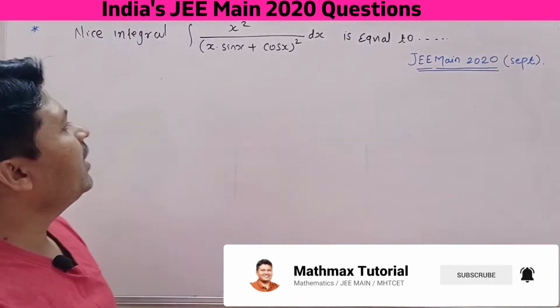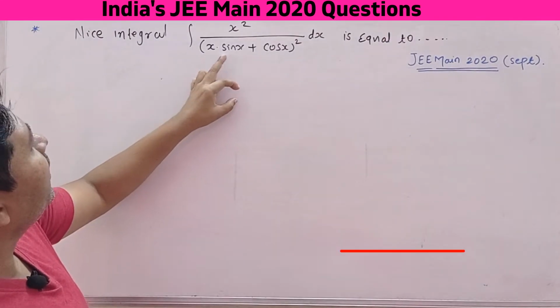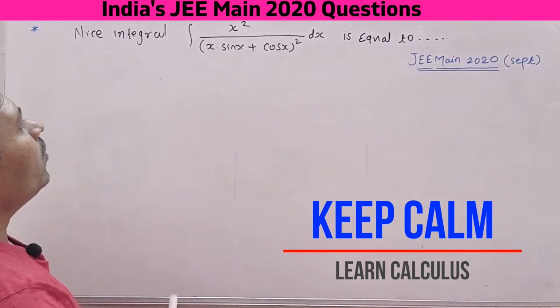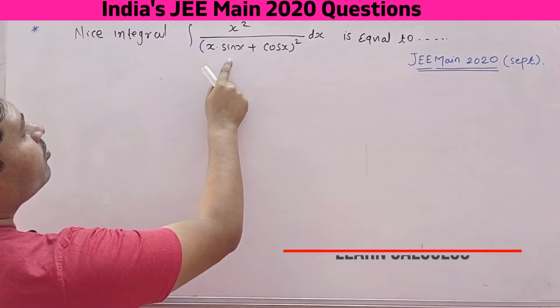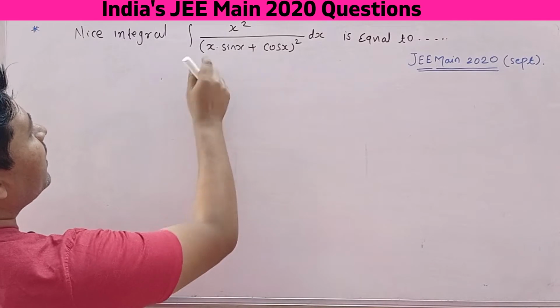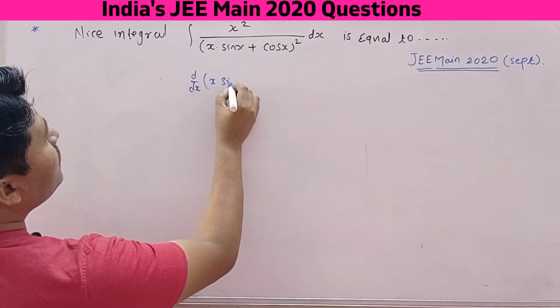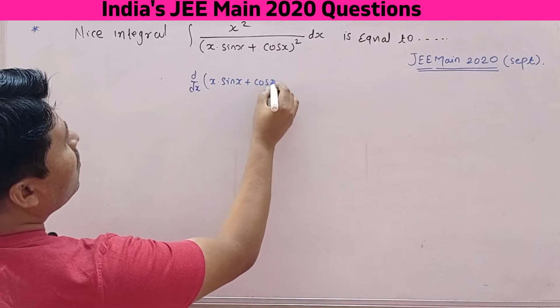Okay, let's start. Here we observe the denominator part, (x sin x plus cos x) whole squared. We can find the derivative of this function, x sin x plus cos x.